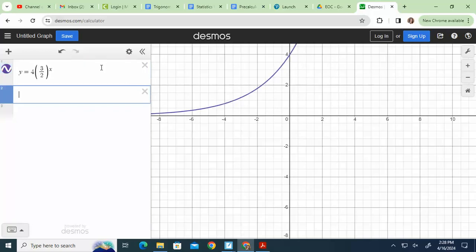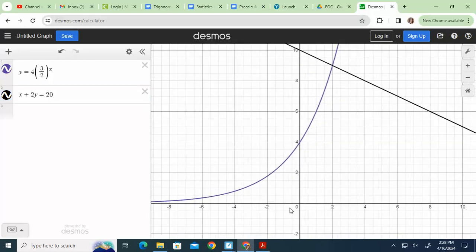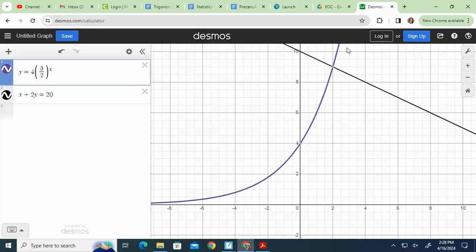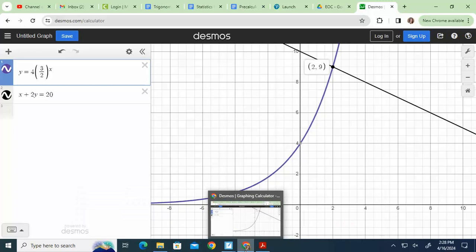And the second one, x plus 2y equals 20. Now, on my graph, I'm not seeing it right away, so I might have to scroll a little bit. But then we get our intersection is 2, 9. Did everybody get that one to work?